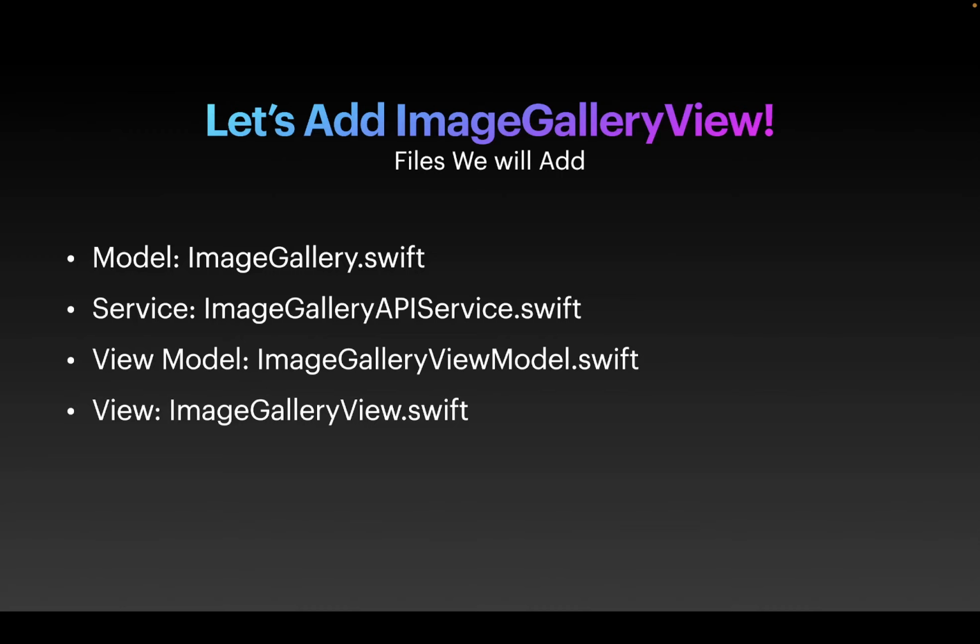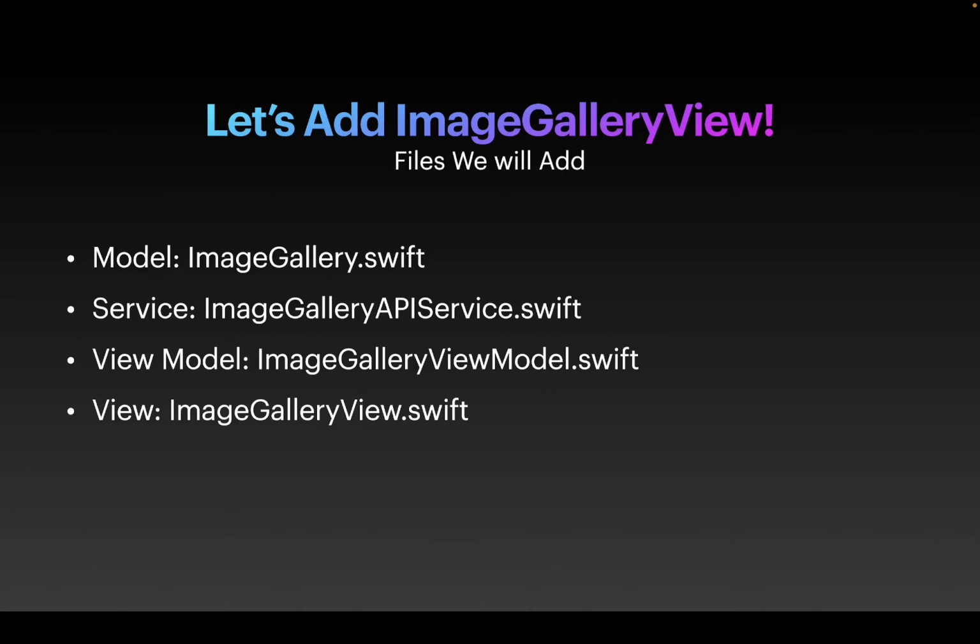The second thing we're going to create is something called a service, and the file name is going to be image gallery API service. In that file, we're going to define some static function, and that function is going to initiate some URL, some web API request, and load the data, parse the data.